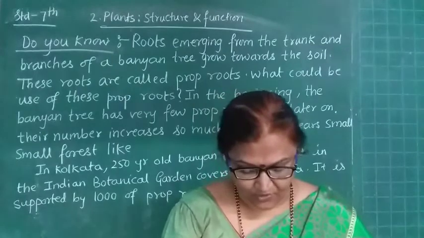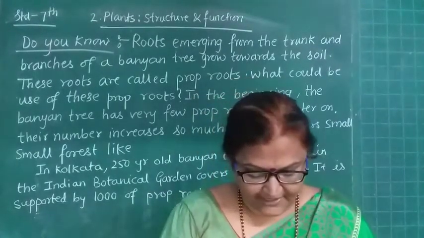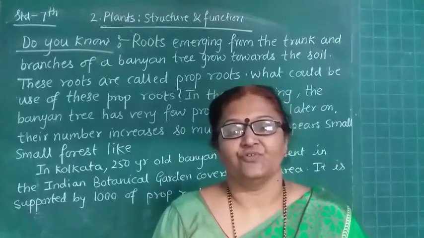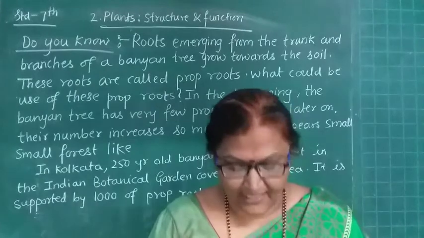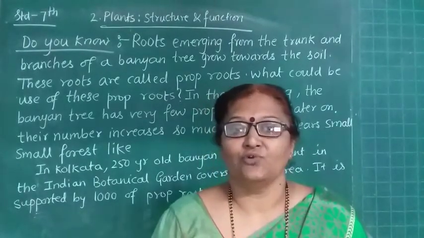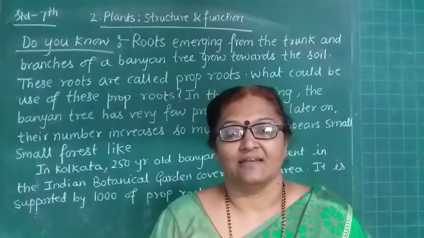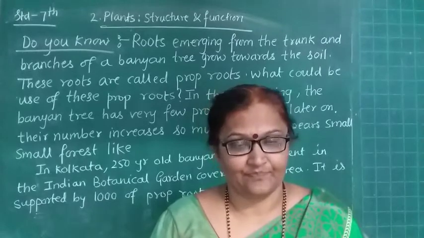Then next, "Do you know?" or "Use your brain power." In that, it is given: if the banyan tree, or the tamarind tree, or any other tree had the fibrous root, then what would have happened? These trees have a very strong stem.